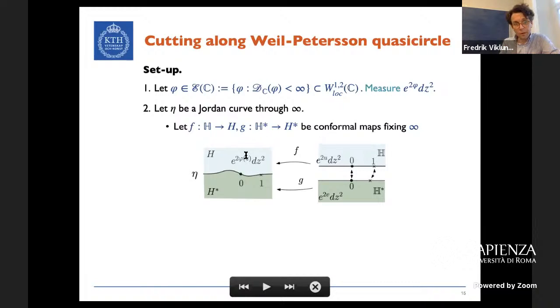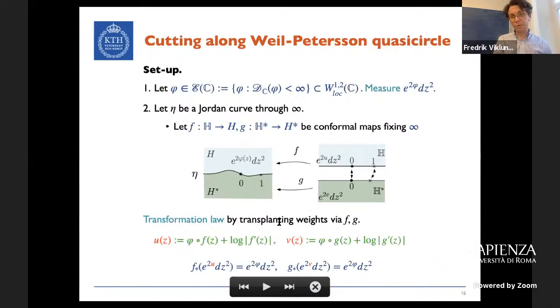Then if I look at my phi here, my function in the Dirichlet class, I can look at its restriction to these two sides of the curve. If you think about having this measure sitting around, there's a natural transformation law obtained by transplanting these two restrictions of phi onto the upper and lower half planes via these conformal maps f and g, in such a way that the corresponding measures equal the pullbacks of the restrictions.